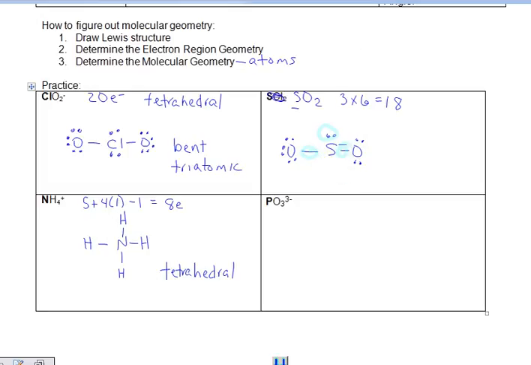We have 3 electron regions around a central atom, so the electron region is going to be trigonal planar. However, one of those regions is an electron pair, so we're going to be looking at just the shapes of the atoms. So this ends up being another bent triatomic.